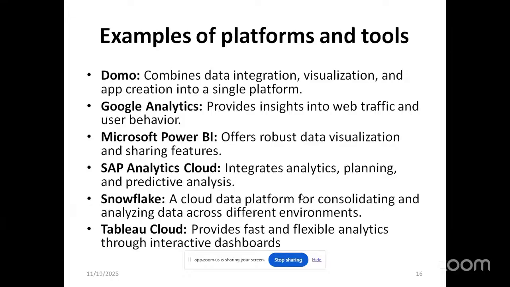Next is Snowflake, a cloud data platform for consolidating and analyzing data across different environments. Tableau Cloud provides fast and flexible analytics through interactive dashboards.